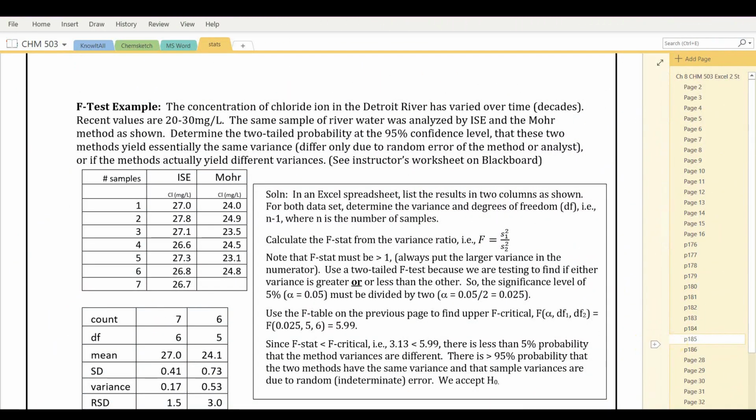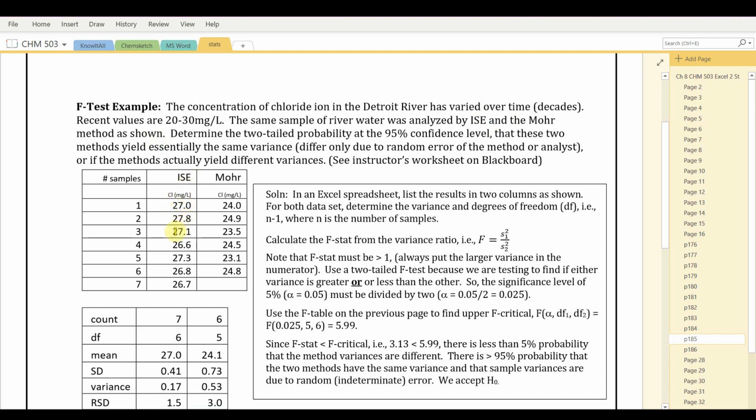Page 185. Here's a problem for us to work on. The concentration of chloride ion in the Detroit River has varied over the last number of decades. Recent values are between 20 and 30 milligrams per liter. The same sample of river water was analyzed by ISE and the Moore method as shown below.